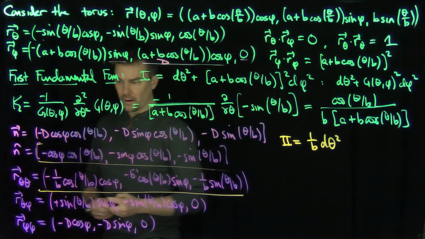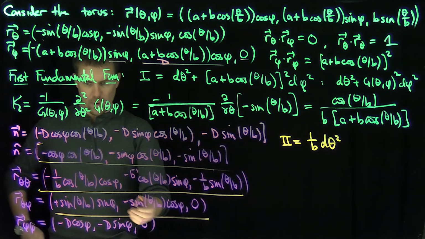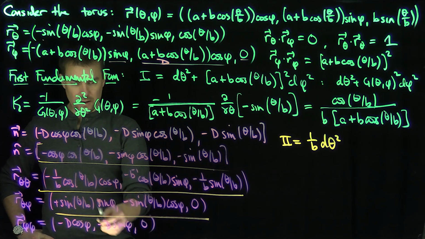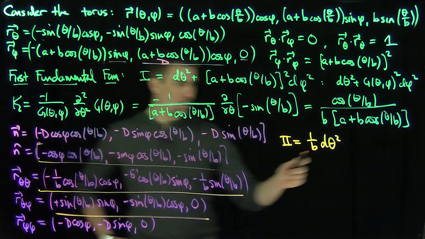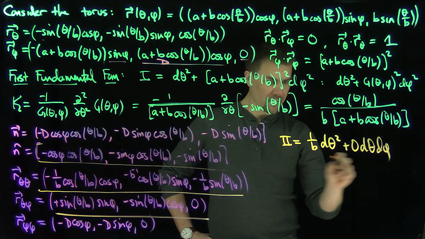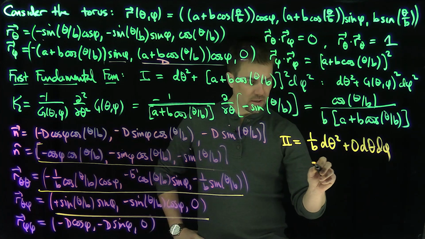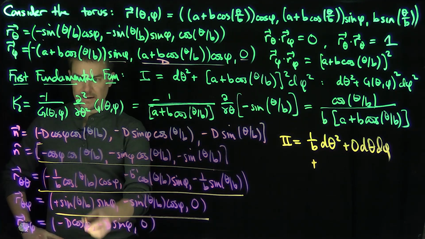Beautiful. If I do r theta phi dot this thing over here, then we have equal and opposites of exactly these expressions. So no mixed term over here. So it will be 0 d theta d phi. And then what's the last term going to be? The r phi phi dot this expression over here.